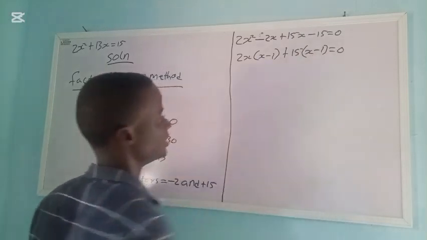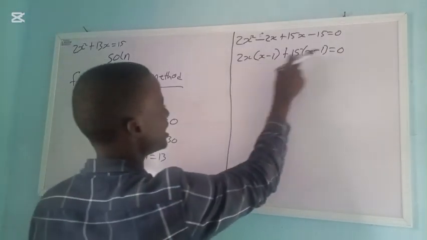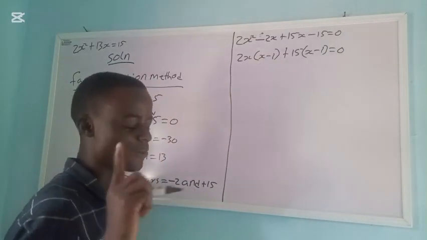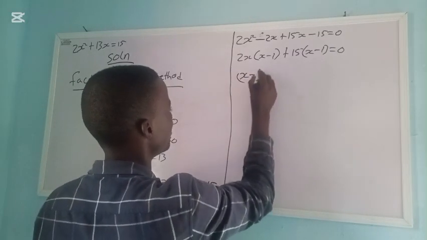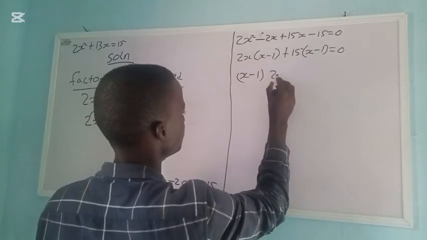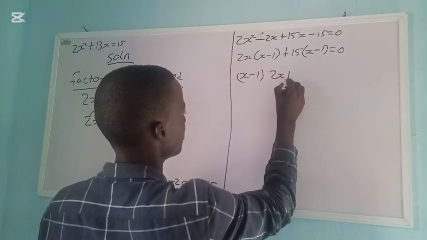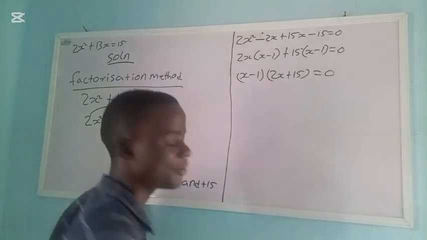Equal to 0. Now, since this one and this one are the same, let's pick one of them. So x minus 1 in a bracket. Then let's join this one together. We have 2x plus 15, the bracket is equal to 0.